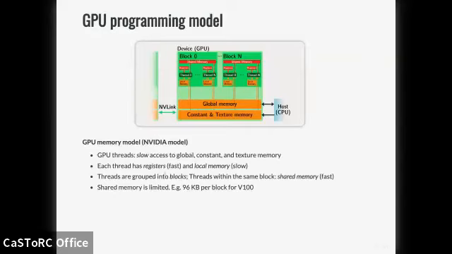So threads are grouped into blocks is what you should take away from here, and threads within the same block can share through this fast memory. And this shared memory is fast, but it's limited. For example, on what we're going to use, it's not even a megabyte, it's like 96 kilobytes. So it's very limited. It's a very scarce resource on the GPU.